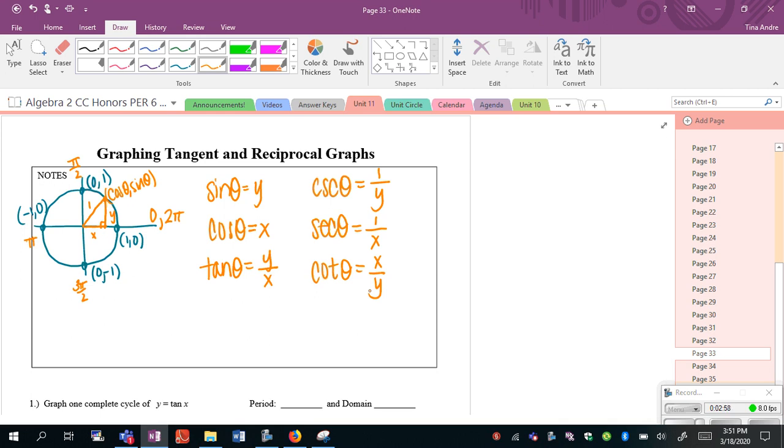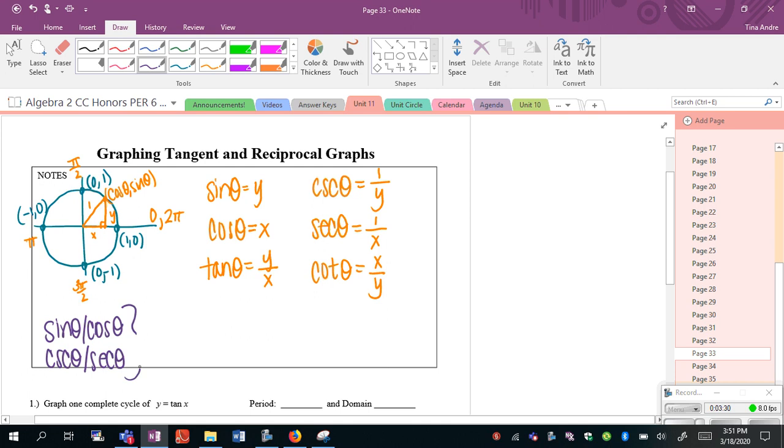Another important thing to consider is the difference in the periods. So far we've talked about sine and cosine. Cosecant and secant will have the same period as sine and cosine, because they are the reciprocals. So these will all have a period of 2 pi.